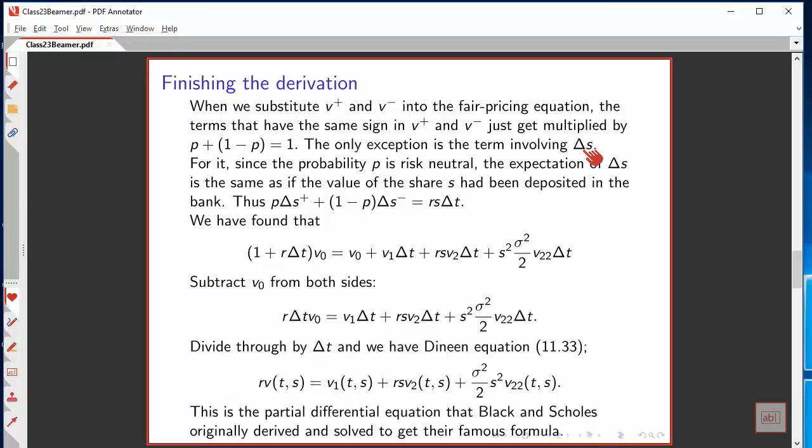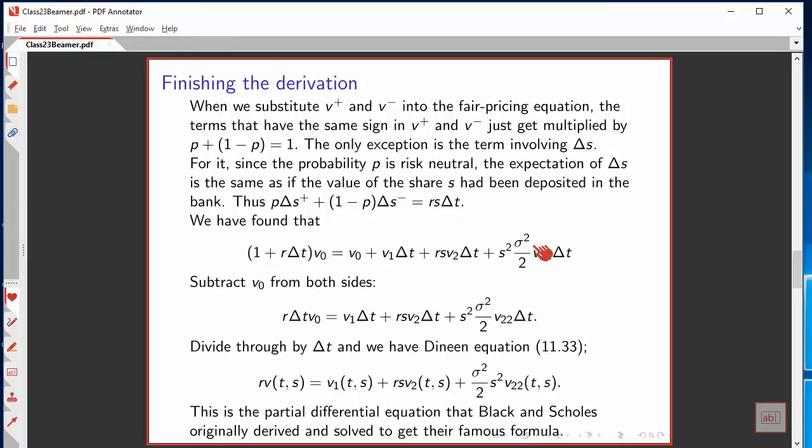The term that has a different sign is the one involving delta s, and the expectation of delta s is the same as if the share had been deposited in the bank. In other words, p times the change when we go up plus 1 minus p times the change when we go down is equal to the interest rate times s delta t.